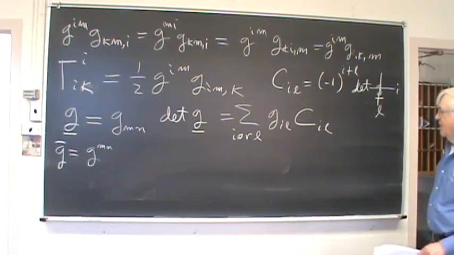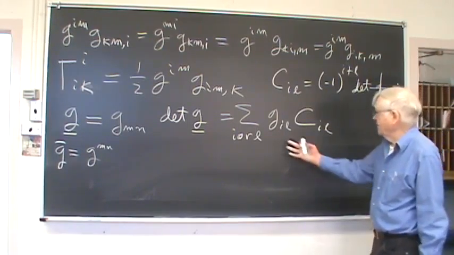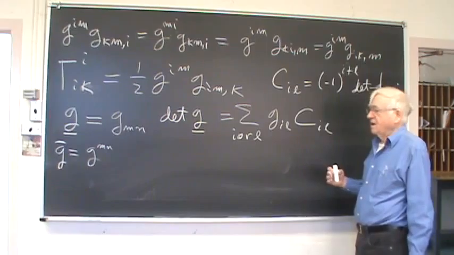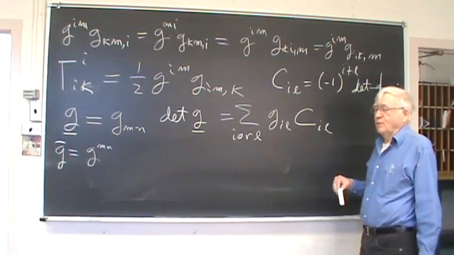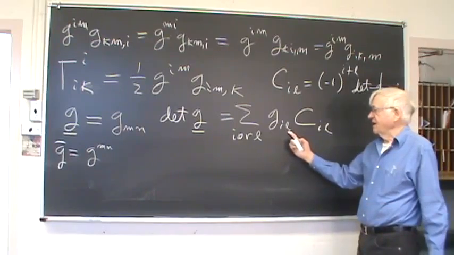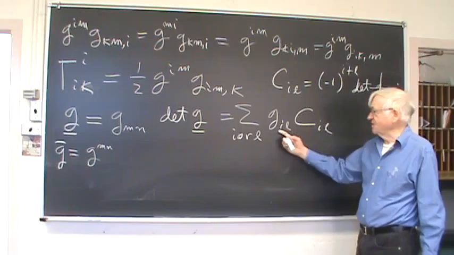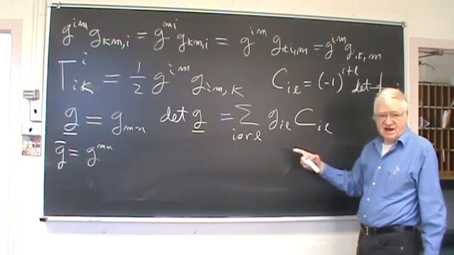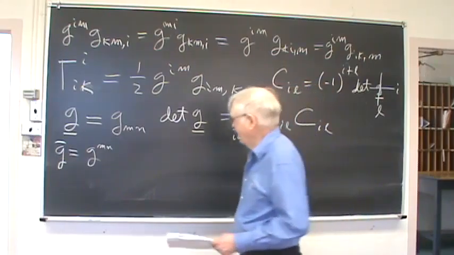Okay, and now let's imagine for a moment that we're considering the case where G might not be symmetric. So we're considering G_{IL} and G_{LI} as two different variables, which is fine.